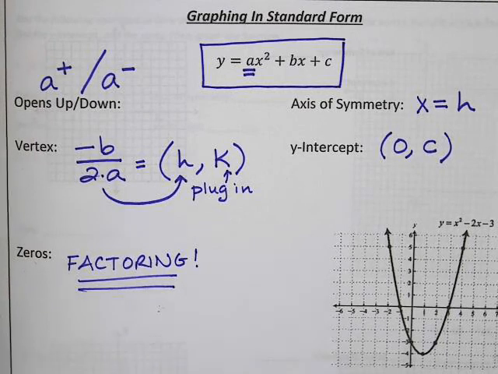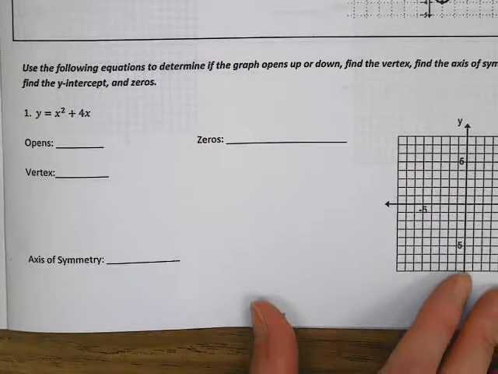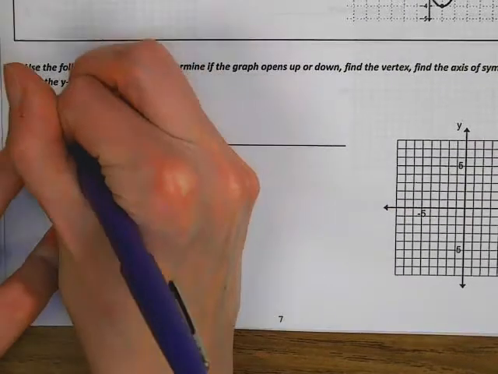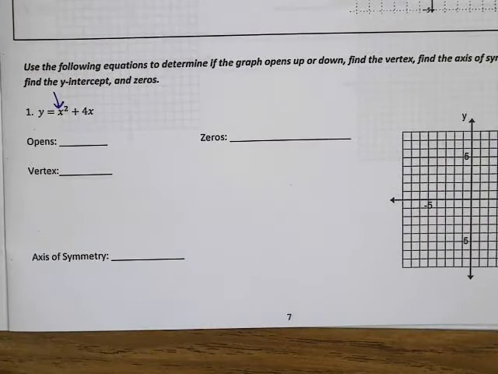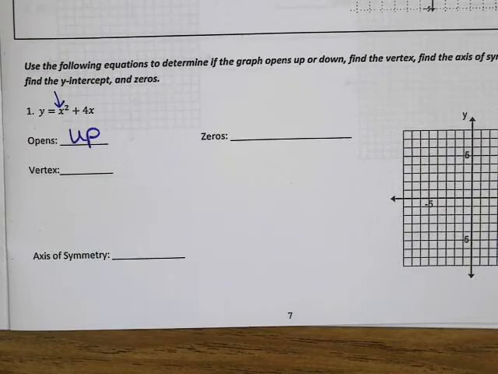All right, let's try one. So standard form. Okay, here we go. First step, does this parabola open up or down? What you do is you look at the leading coefficient, and since it's positive x squared, you know it's going to open up.